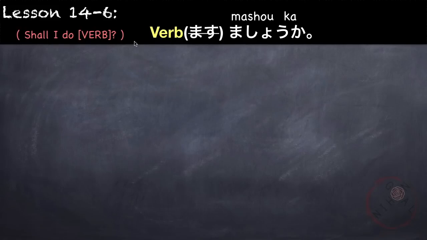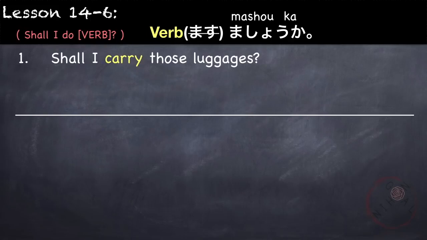Next is how to tell someone that you want to do something for them. So the speaker is offering to do something for the listener. So we use the pattern verb minus masu or the stem of the verb and add mashoka. Meaning, shall I do verb? For example, shall I carry those luggages?